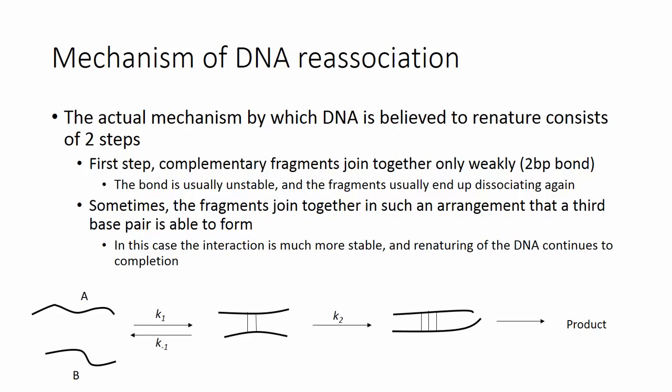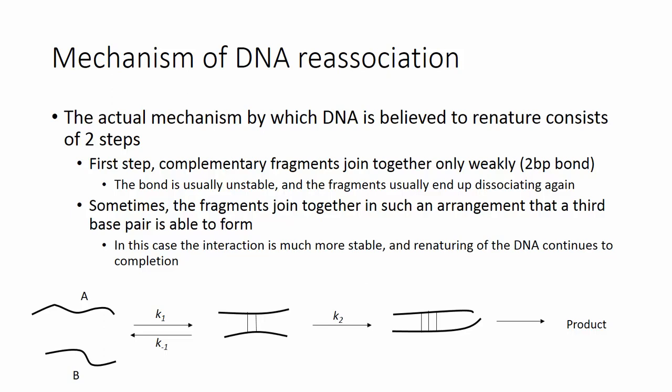Okay, let's think a little about the mechanism of DNA reassociation. This is the actual mechanism by which DNA is believed to renature, and it consists of two steps. The first step is the complementary fragments joining together and binding, although the binding is very weak, like a two base pair bond here. Because of the size of the entire DNA chain, this bond is usually unstable, and the fragments will end up dissociating.